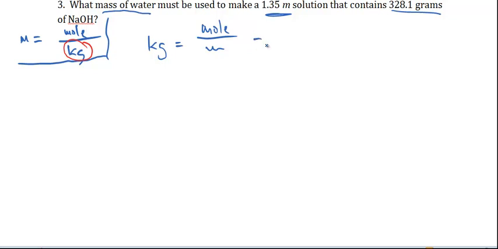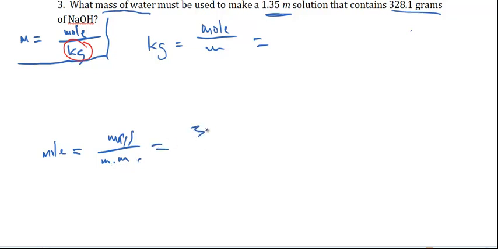So this is moles of solute. The problem didn't tell us how many moles, it told us how many grams, so we need to do a mass to moles conversion real quick. The number of moles of sodium hydroxide is equal to the mass of the sample divided by the molar mass, which I'll abbreviate as mm.